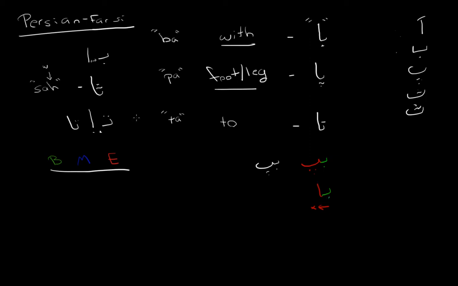So ba, and I want to do the regular form of te, so bat. So I made a word here pronounced bat, which could be thought of as bought, the word, I bought something, but that's not what this means. This is just me writing out be, aleph, and te.